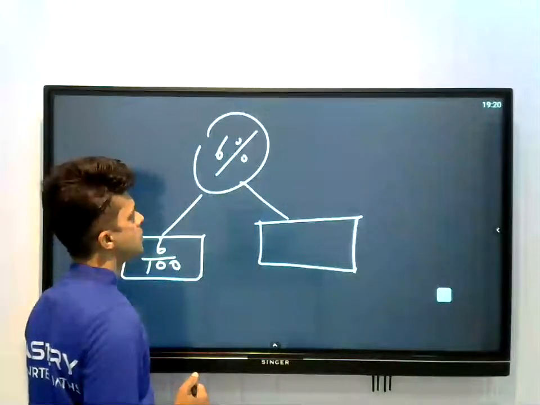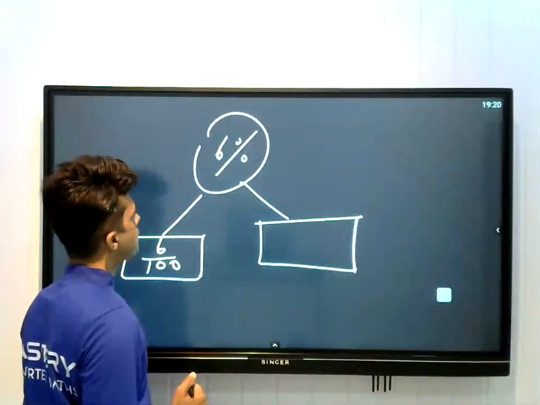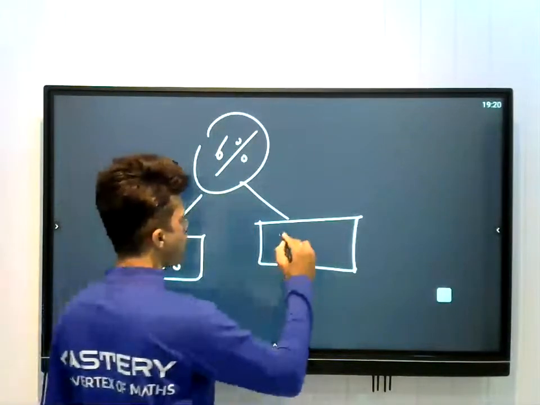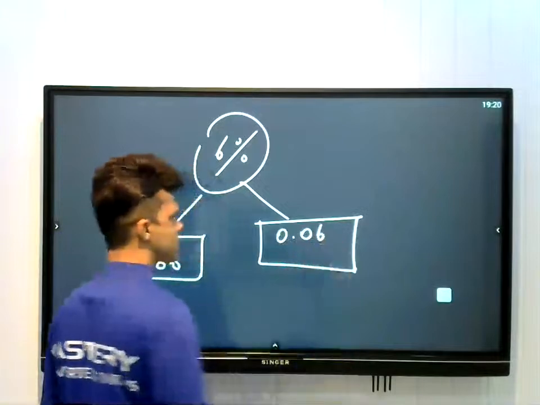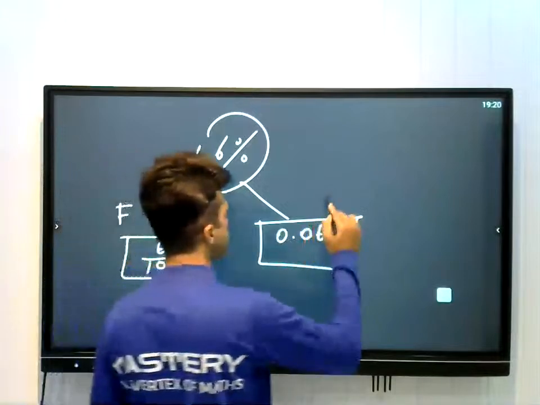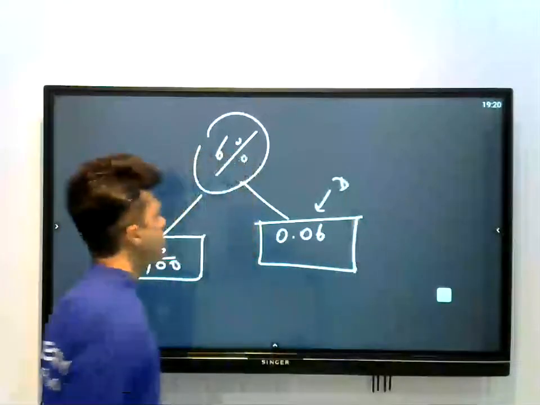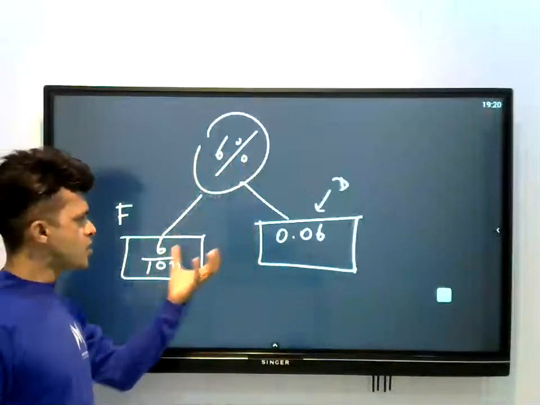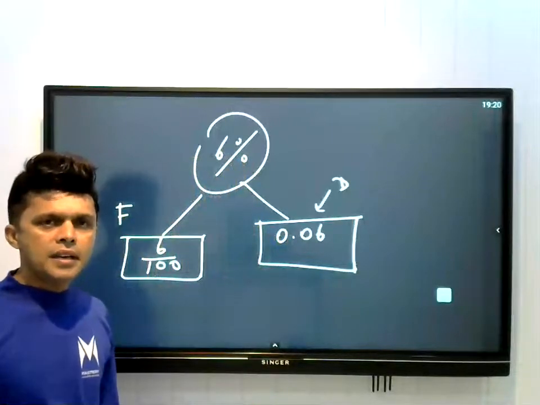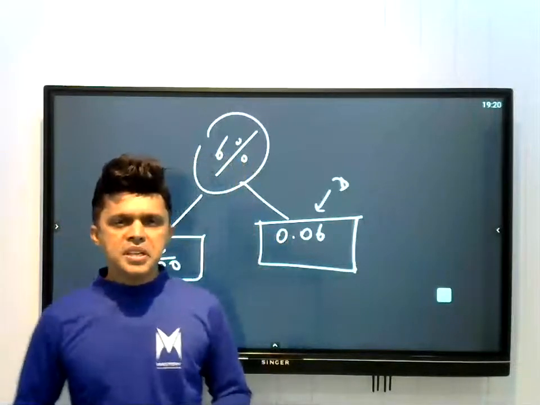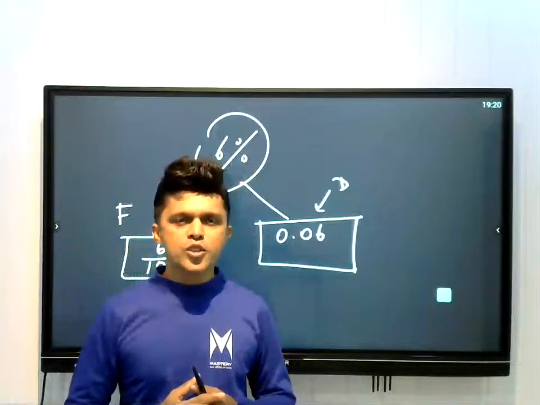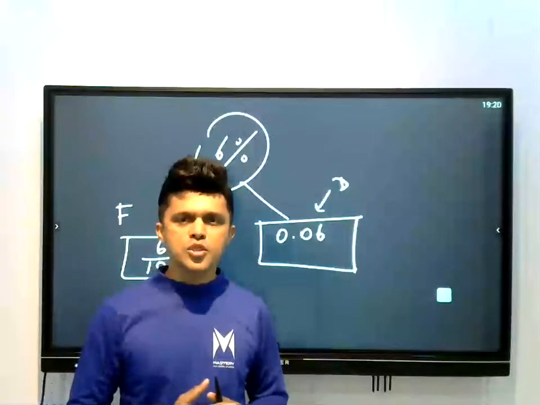The decimal number is 0.06. This is a percentage, this is a fraction, this is the decimal number. This is the stuff that you need to know in this grade.